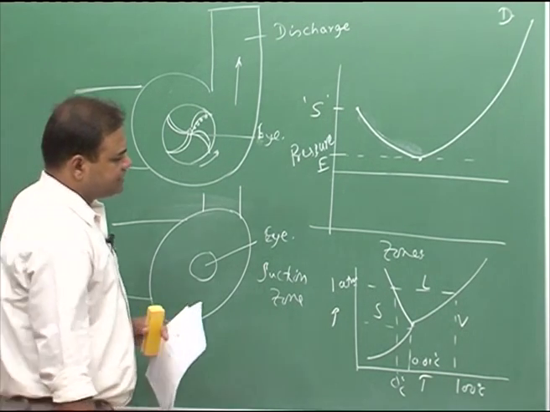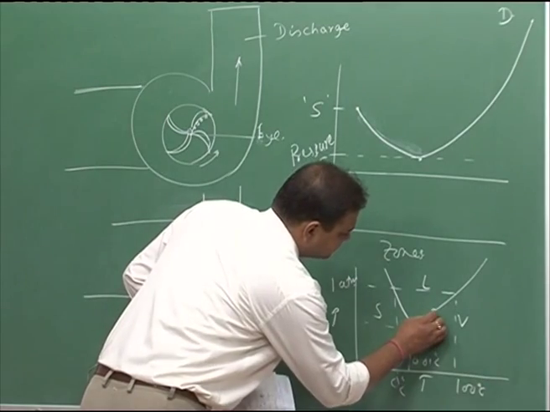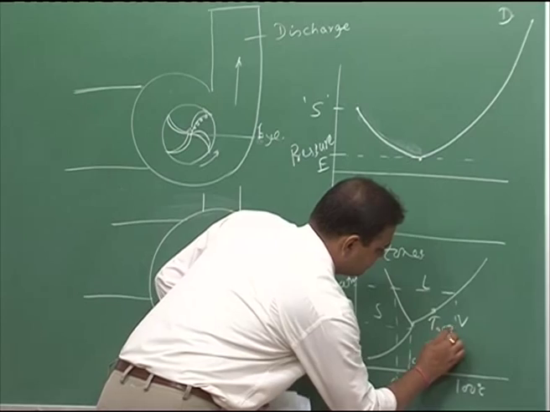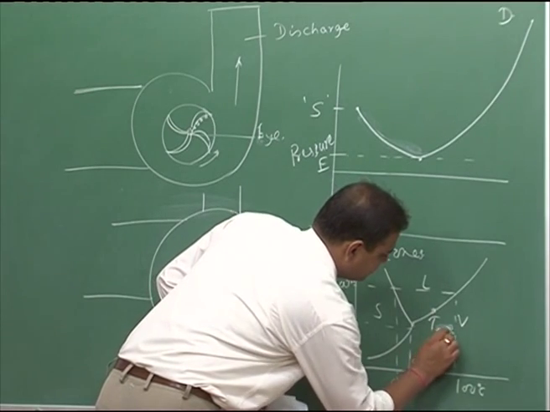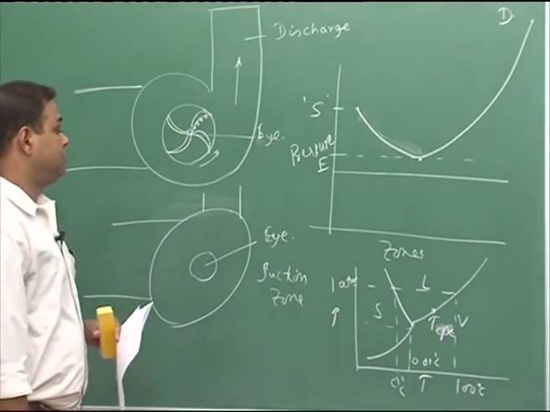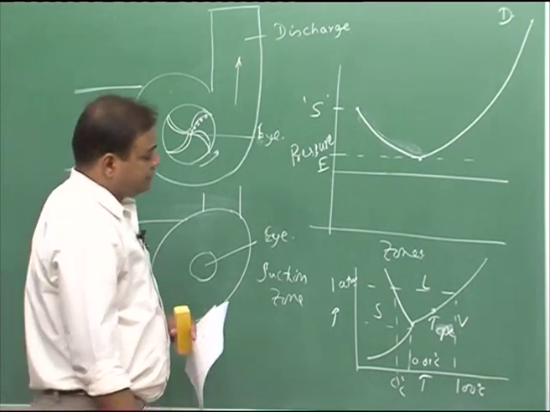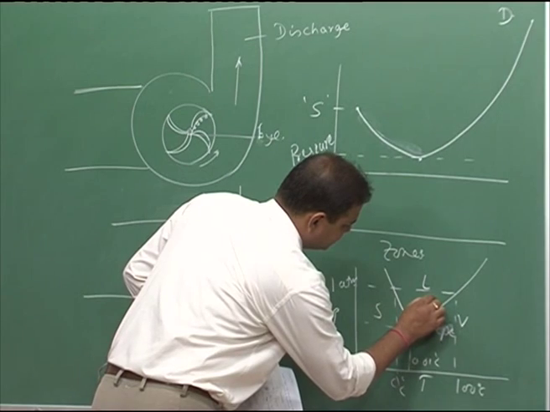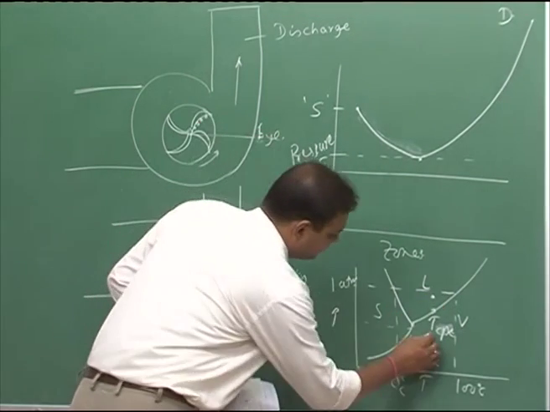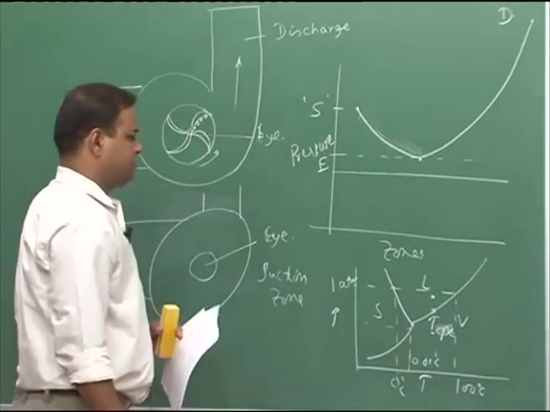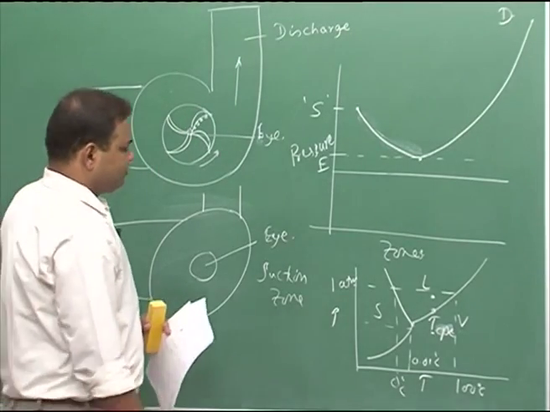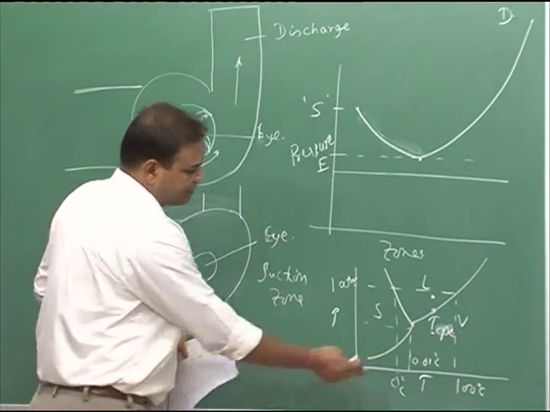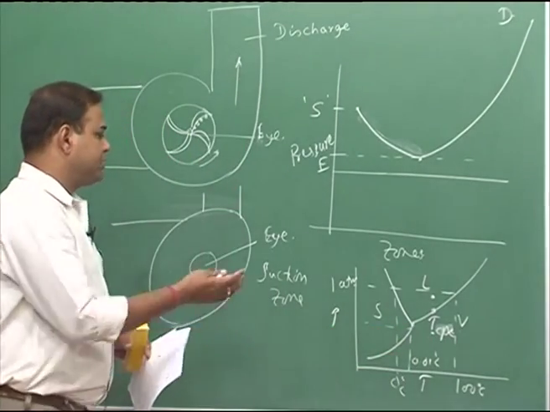Now, let us say the operational temperature is T operational. At that temperature, at the high pressure zone the pressure is this, and at the low pressure zone the pressure is this. So, in the high pressure zone there will be liquid, and in the low pressure zone there will be vapor during that operation.